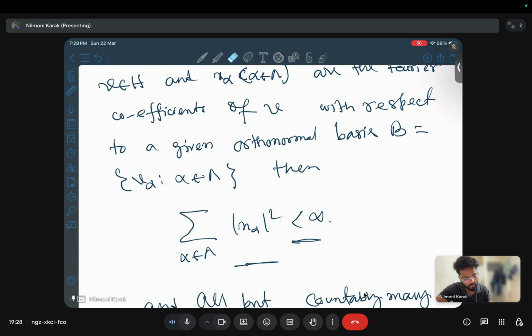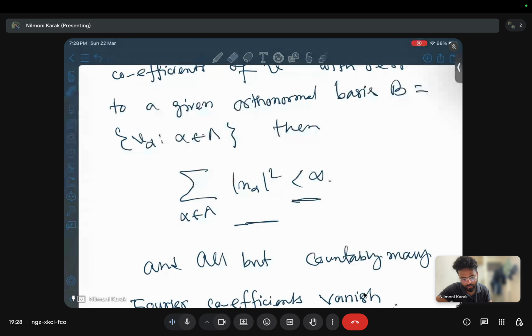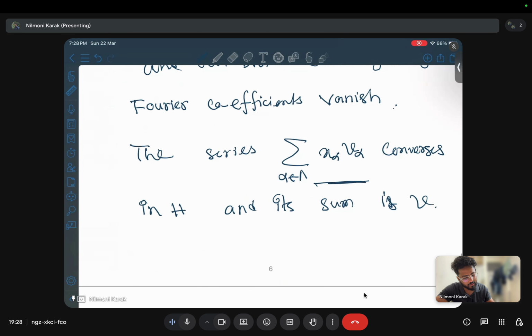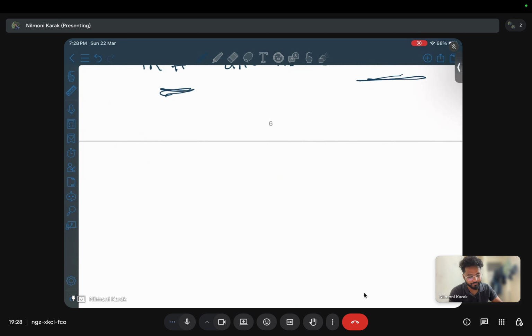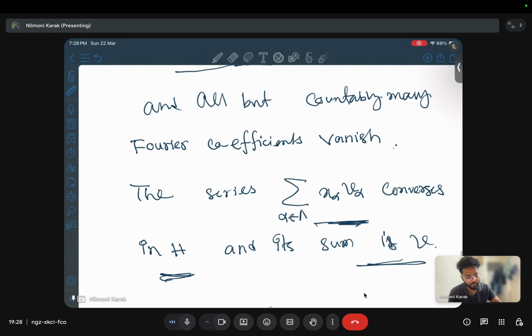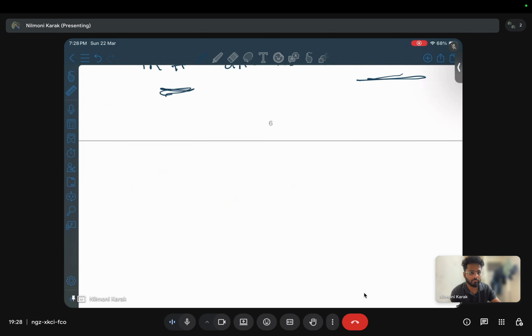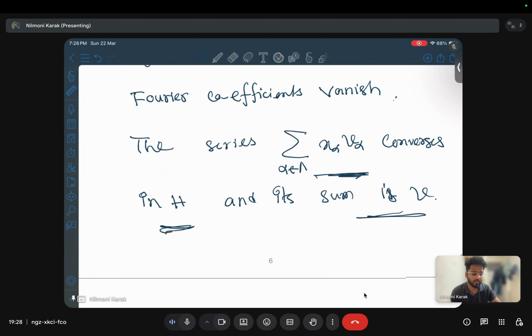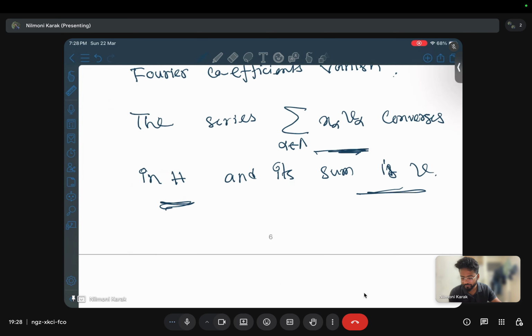You can look at the proof, and this sum is convergent, as well as converges in H, a Hilbert space, and it converges to V actually. So V comes from H, H is complete, so that's why this series converges to an element in H.